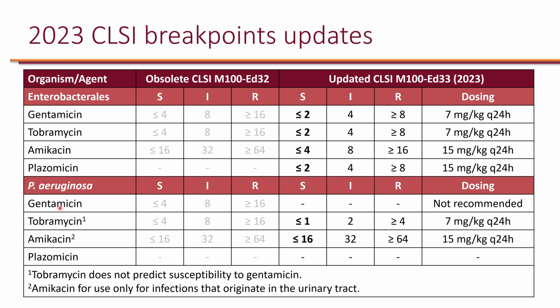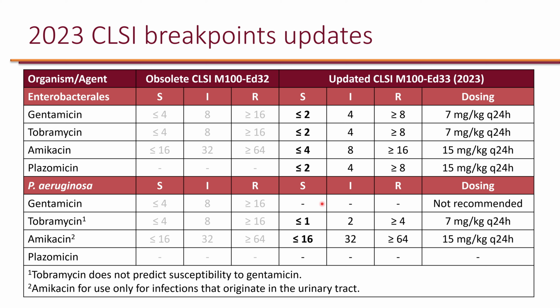Now, with regards to Pseudomonas aeruginosa, previously we had susceptibility breakpoints for gentamicin, tobramycin, and amikacin. What happened in 2023 is that, given the distribution of MICs among Pseudomonas isolates and the PK/PD of gentamicin, it is no longer considered active against Pseudomonas.